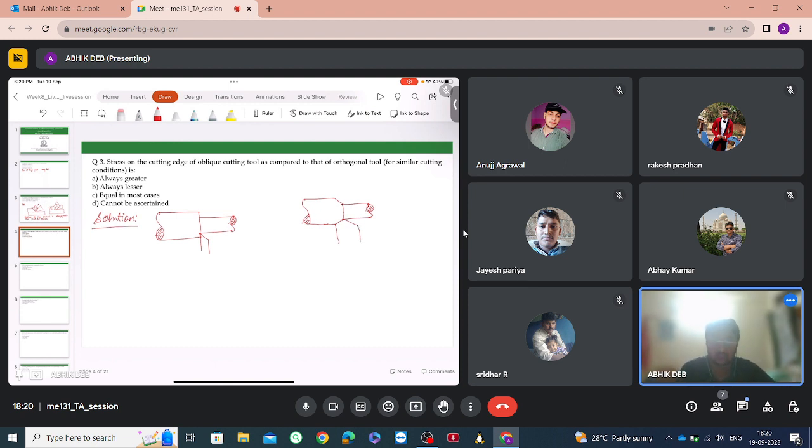Okay. So in this, this much is the contact area, whereas in this is the contact area. So for the same depth of cut, can you tell me the contact area will be more in oblique cutting or orthogonal cutting? Sir, in oblique cutting. Yes.